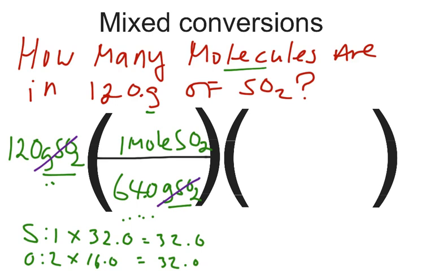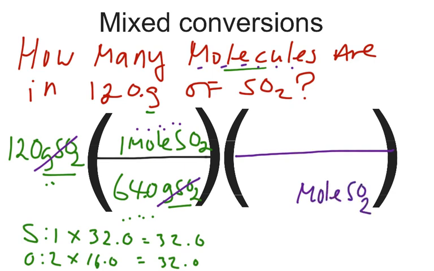So now we're left with moles of SO2 here. We want to change moles of SO2 to molecules of SO2, so we set up our other conversion factor. We're not panicking. If I want to get rid of moles of SO2, I put moles SO2 in the bottom. That's going to help me get rid of moles SO2 in the top.